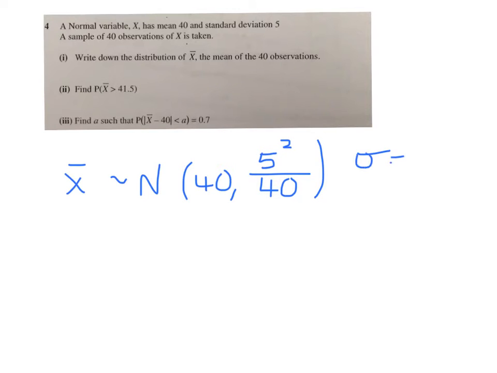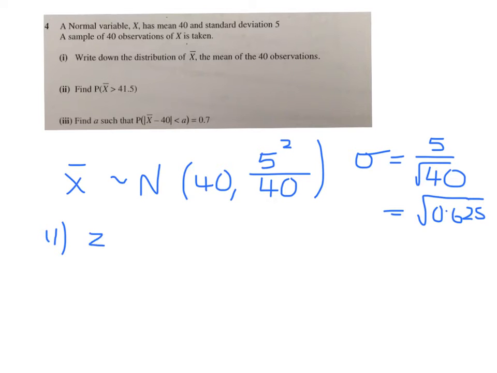That means our standard deviation is now 5 over root 40, which is the square root of 0.625.